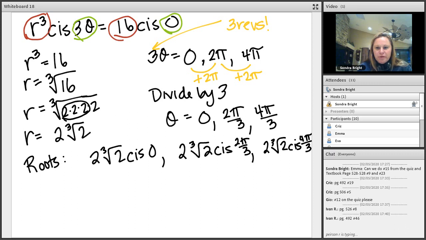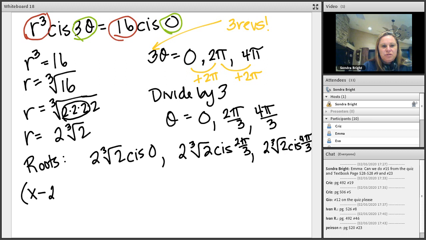Remember, those are your roots. If we're going to write them as factors, if those are my roots, then this factors as x minus each of the roots. So x minus 2 times the cube root of 2 cis 0, which, by the way, cis 0 is just 1, so that factor is just x minus 2 times the cube root of 2.